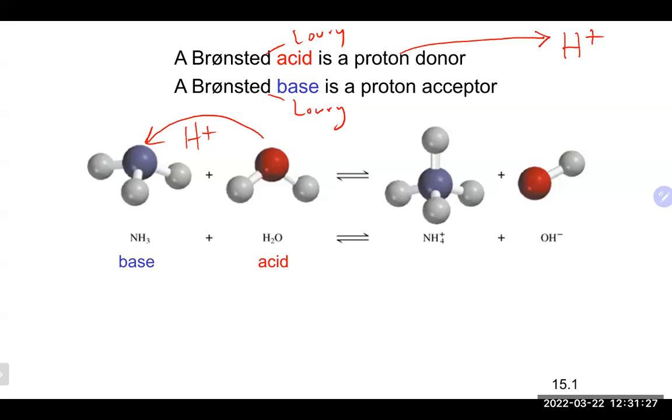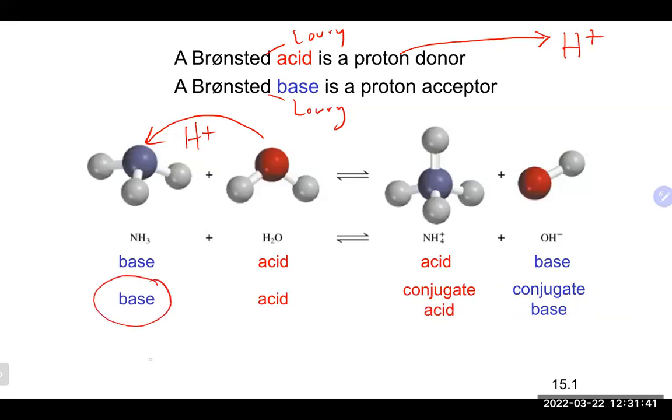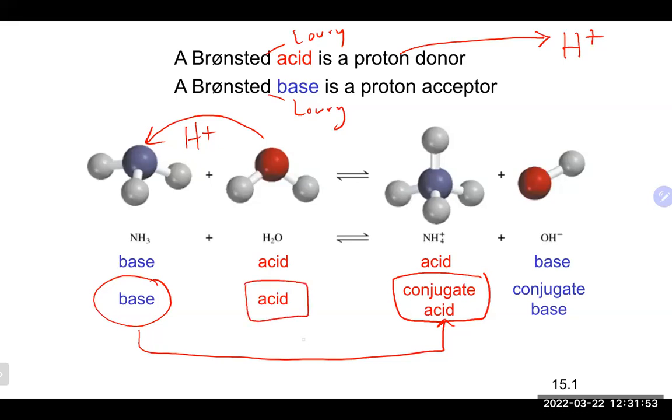And a consequence of the Bronsted-Lowry definition is we actually get some guys on the other side of the arrow that are related to the guys on the left-hand side. Our base on the left-hand side is related to what is known as the conjugate acid on the right-hand side of the arrow, while the acid on the left-hand side of the arrow is related to what is known as the conjugate base on the other side of the arrow.